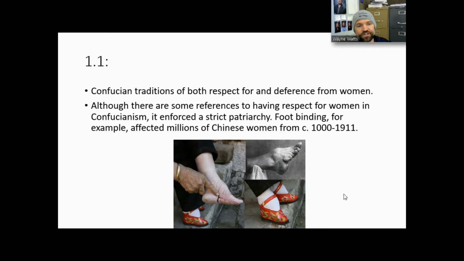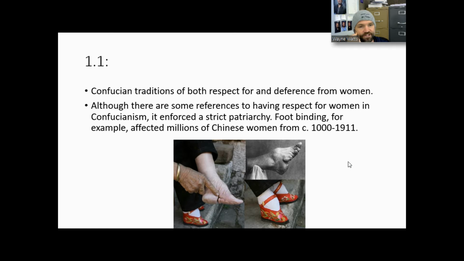Confucian traditions persisted both in respect for and deference from women, although there are some references to having respect for women. And of course, in Confucianism, the ruler always wants to rule the person below them with ren or with justice. Confucianism had, however, a strict patriarchy.